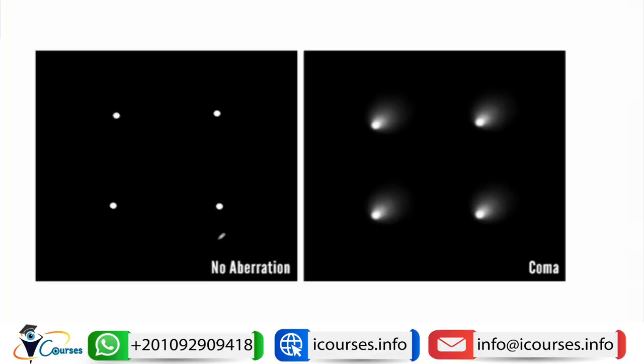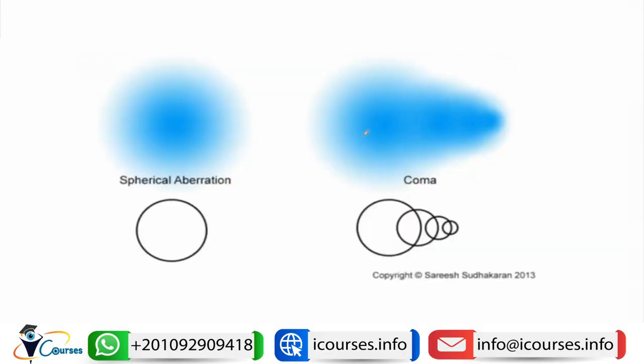Here, if we have no aberrations, as you can see, but if we have a coma aberration, you can see the central light, but with a halo of light extending from one edge to appear like a comet. Here's the difference between spherical aberration and coma. If a patient has spherical aberration, he will see glare concentric with the object in all directions. But in the case of coma, it will extend only in one direction.